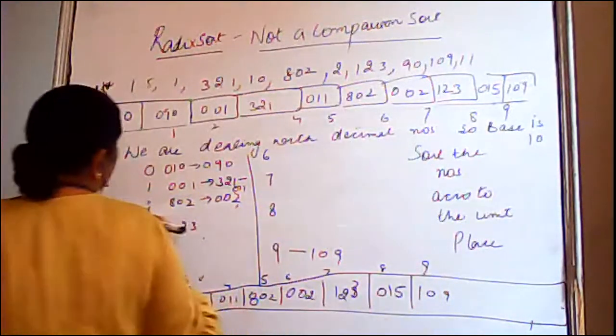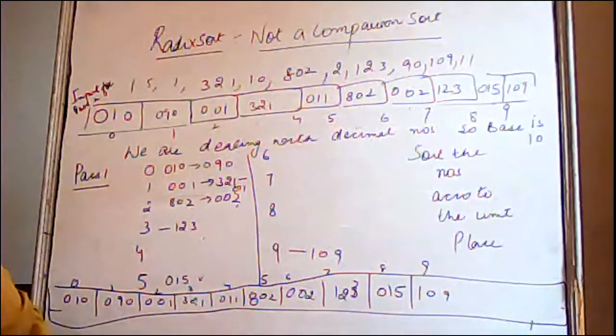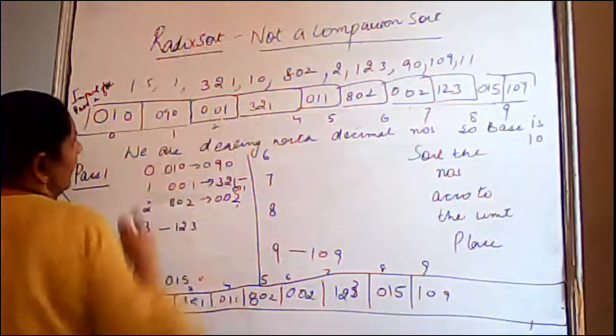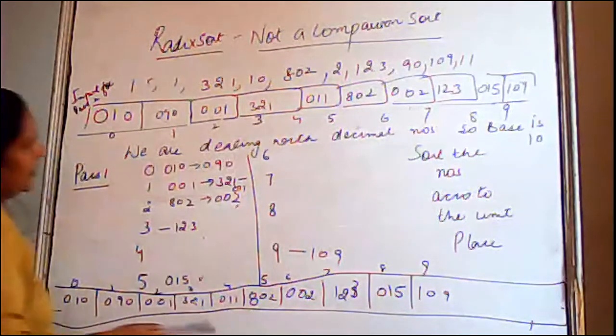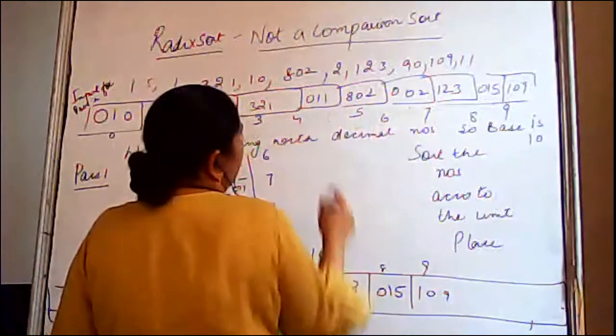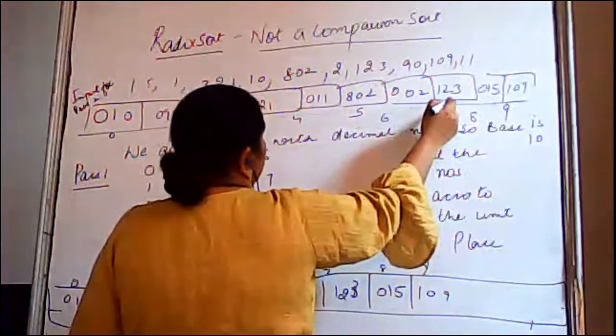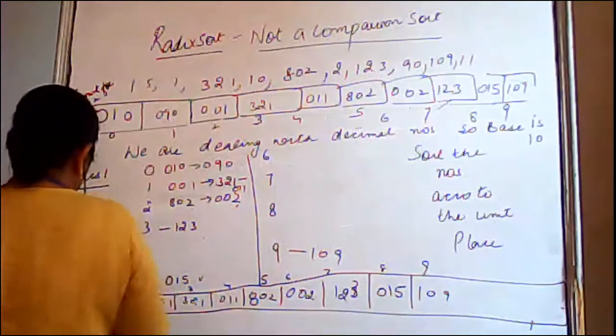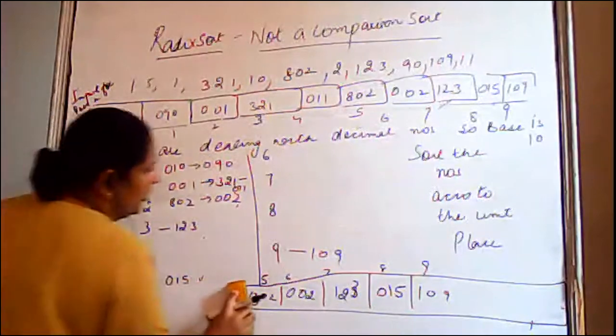This is according to the unit place. As you can see, the numbers with a 0 are at index 0 and 1, and the numbers with a 1 are at index 2, 3, 4. The numbers with 2 at the unit place are at 5 and 6. At 7 it is 3, 8 is 5, and 9 is 9. So this is the input for pass 2.